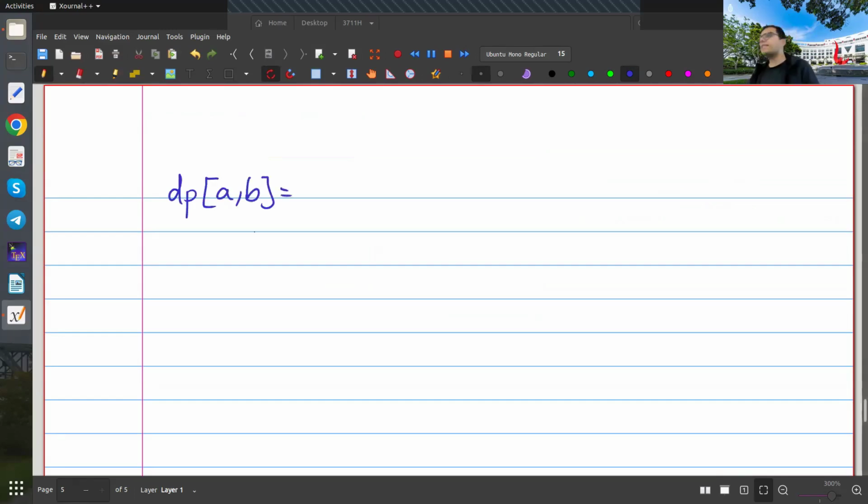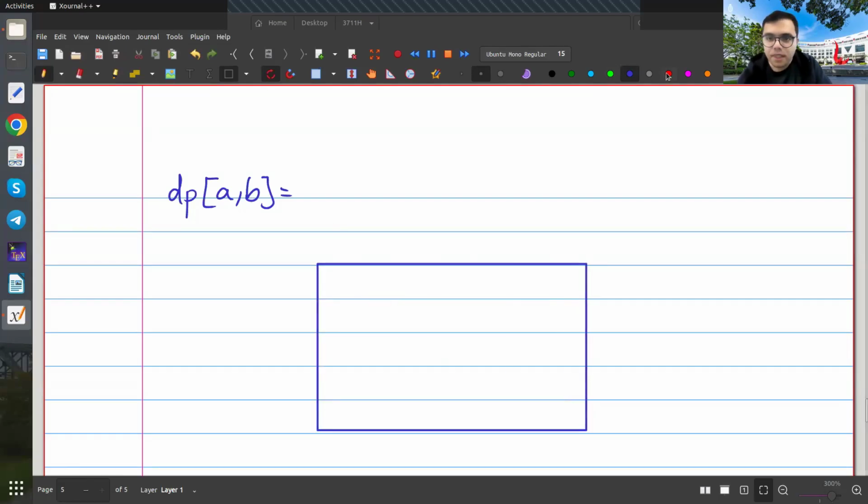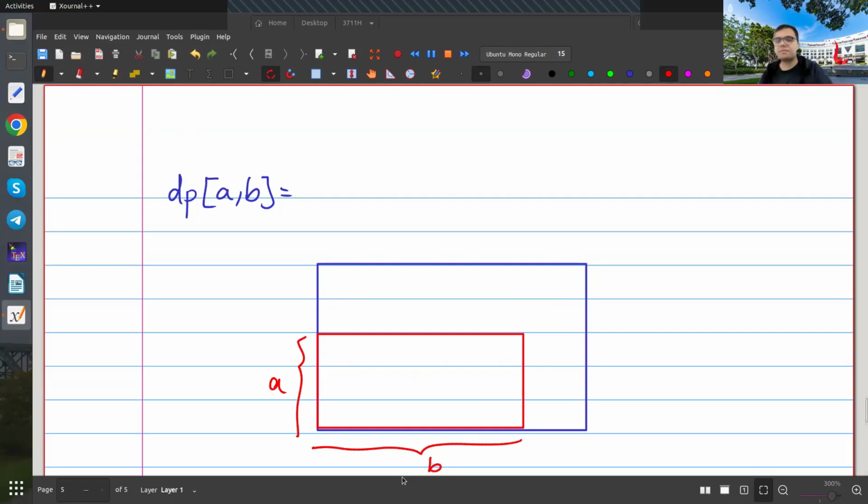So remember, this is the sum of all the elements in the first A rows and the first B columns. So let me just draw my thing again. This is my rectangle. And let's say this is the part where I want to find the answer for. So these are the first A rows and the first B columns.